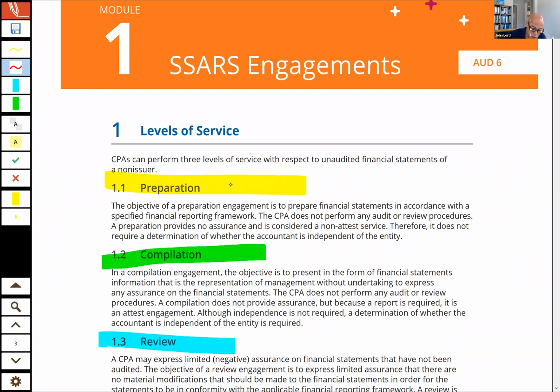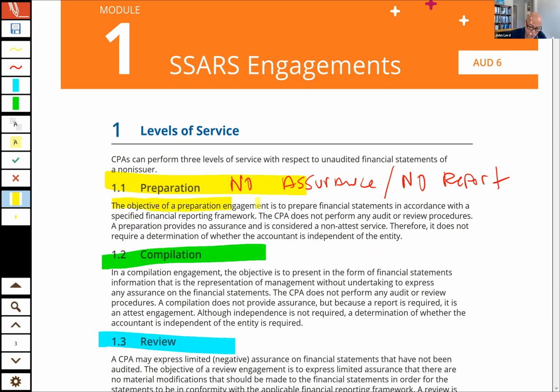With the preparation, there is no assurance. We give no assurance of any kind, and there is no report. So really, the users of financial statements that we prepare probably wouldn't even know that the CPA was involved in helping to prepare those financial statements.